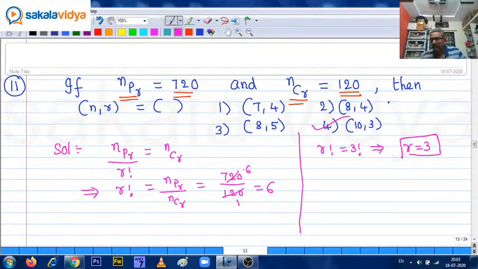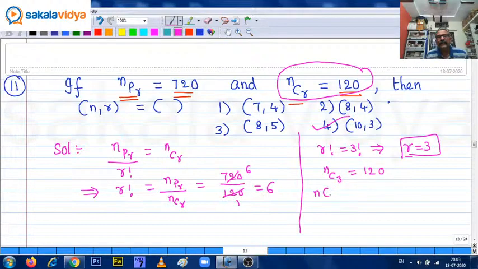But we need to find the n value also. From nPr or from nCr we can find it. Let us consider nCr. So nC3 equals 120.